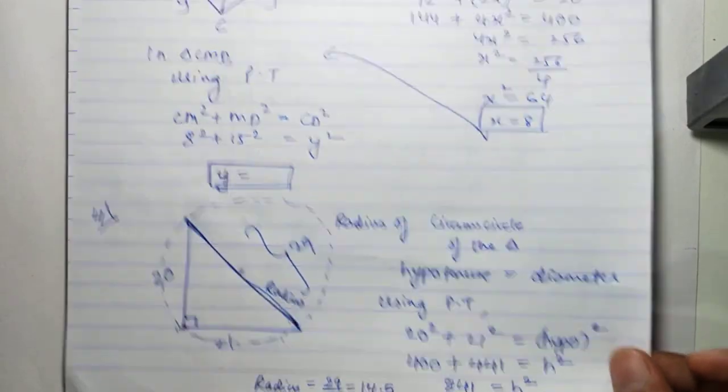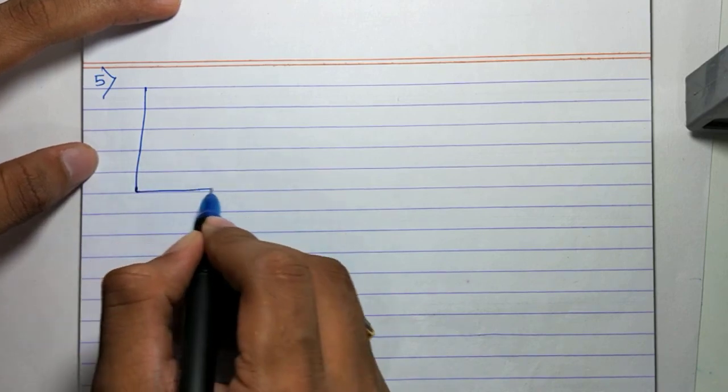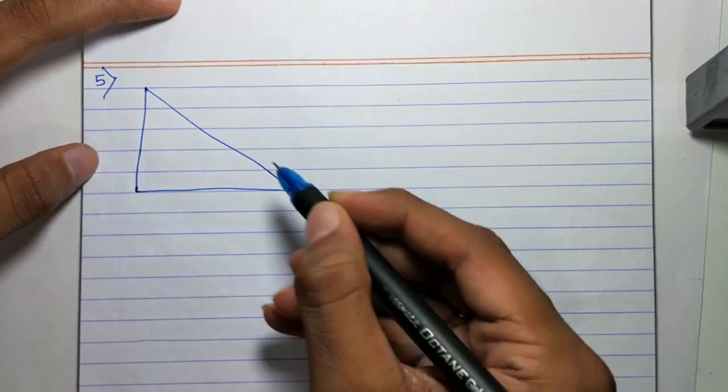Next, question number 5. In the fifth question, again we have two triangles.